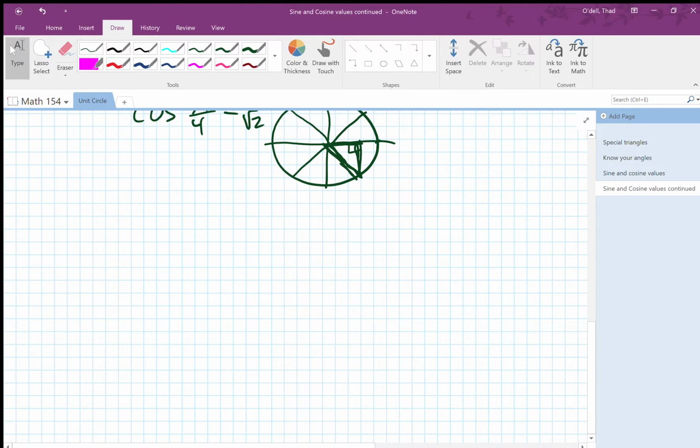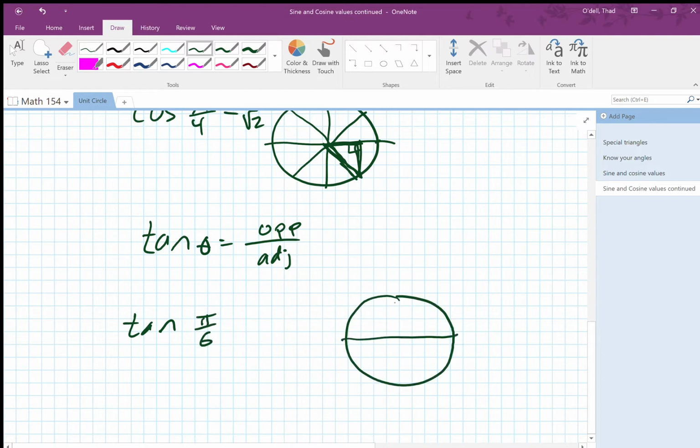Now let's put both of these together to get tan. Remember that tangent is equal to opposite over adjacent. So if I want to know what the tangent of, say, pi over 6 is, I can do the same thing I was doing before, draw my unit circle. Pi over 6 means I'm dividing it into 12 equal parts, which means I'll have 3 divisions or partitions in the first quadrant.